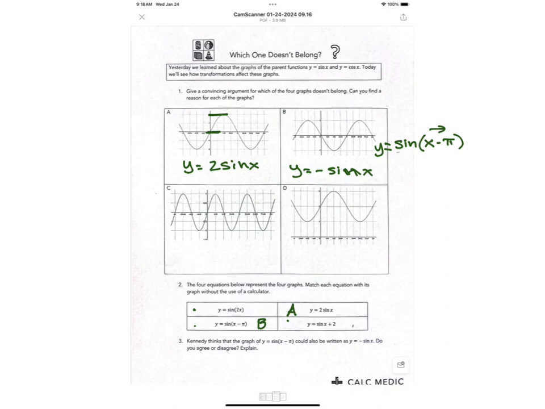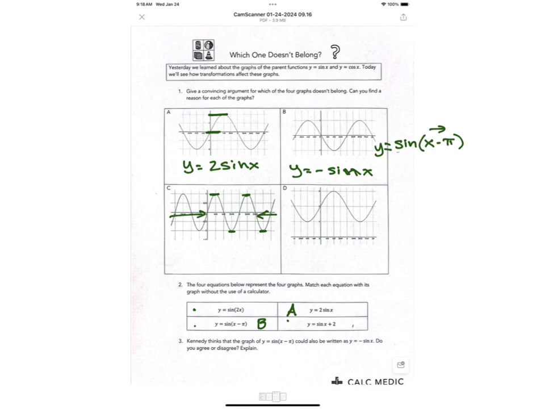Okay. Moving on. So this one's amplitude is still 1. Amplitude hasn't changed, but the period changed. It kind of got scrunched in here like an accordion. Its period is shorter. So instead of affecting the vertical dilation, this is a horizontal stretch. Insiders lie, right?